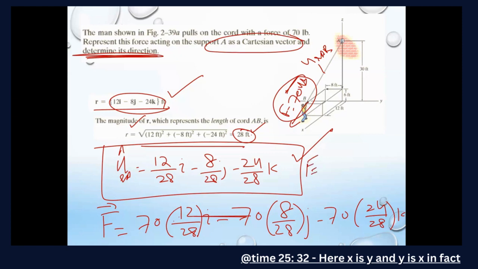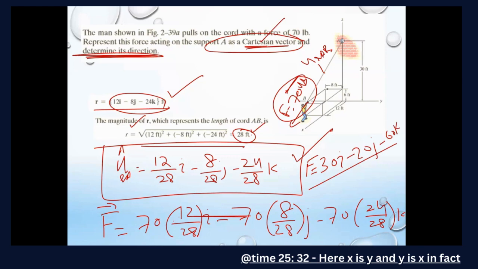First one is 30i, then minus 20j, then minus 60k. Okay, so this is the force vector, the Cartesian vector.